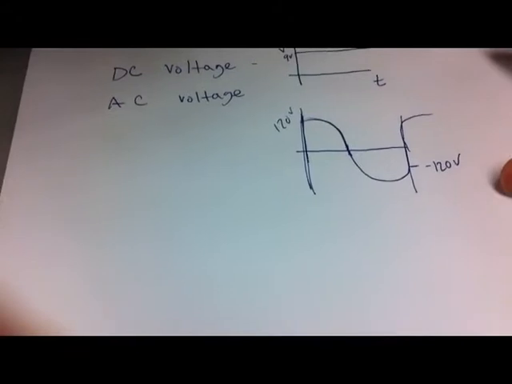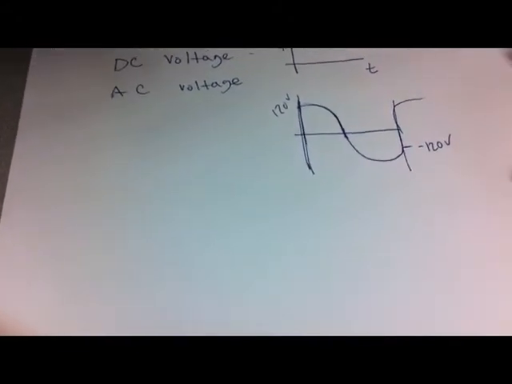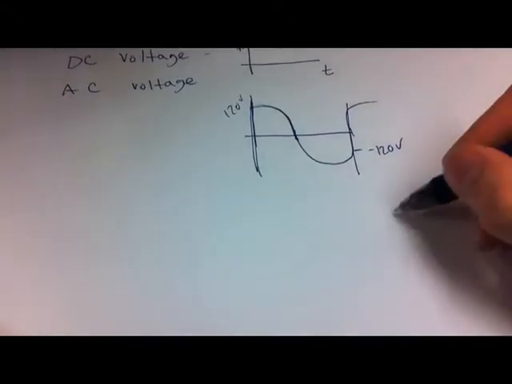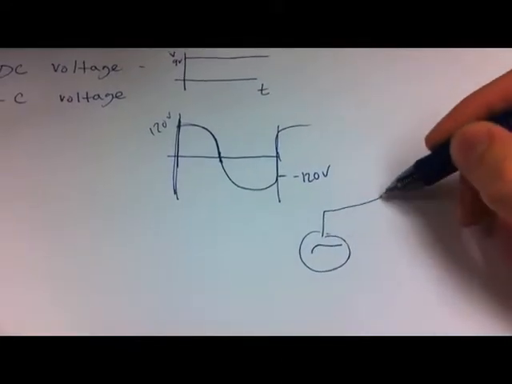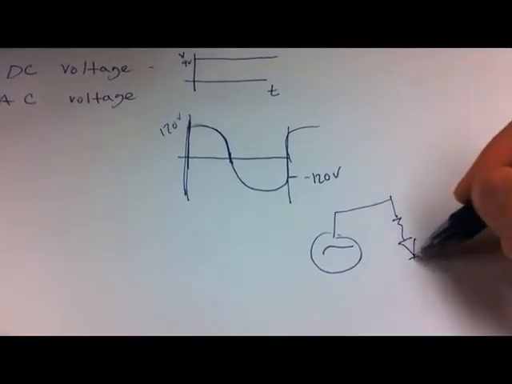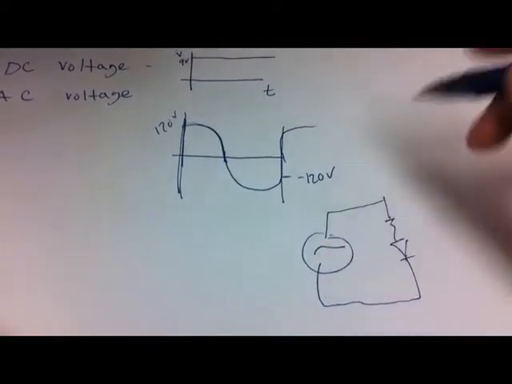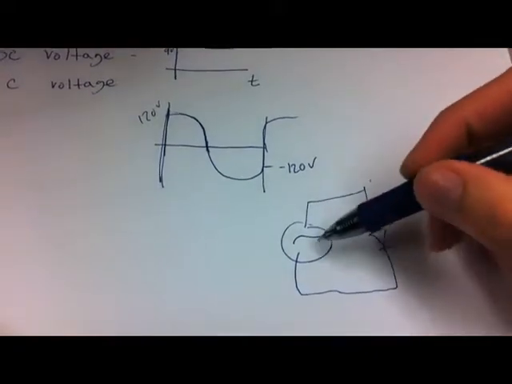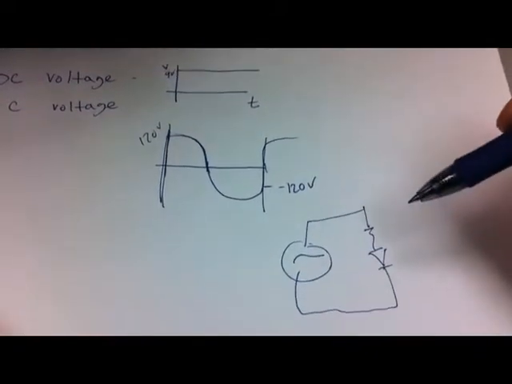So when we power an LED array normally, let's draw a source. Let's just draw one LED. We're probably going to have a resistor in there. Half the time it's going to be positive, half the time it's going to be negative.